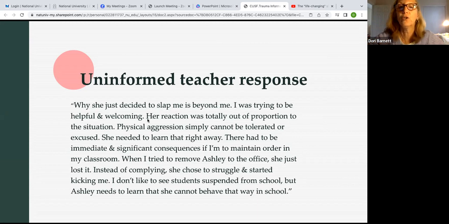Her reaction was totally out of proportion to the situation, which we know is typical for a student who has experienced trauma, that they overreact. Physical aggression simply cannot be tolerated or excused. She needed to learn that right away. There had to be an immediate consequence if I'm to maintain order in my classroom.